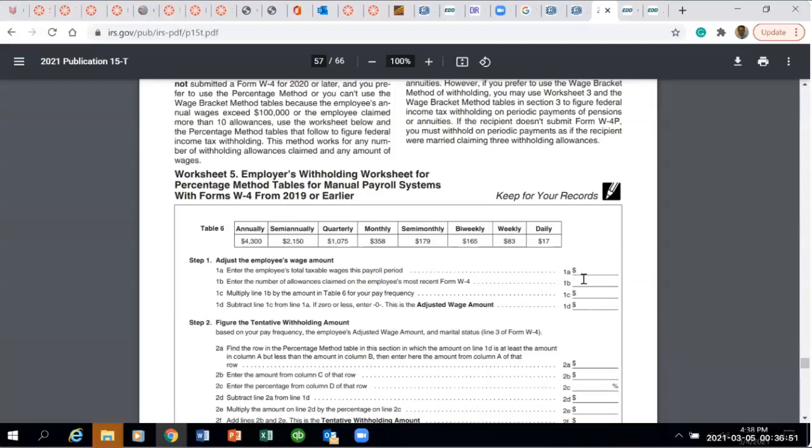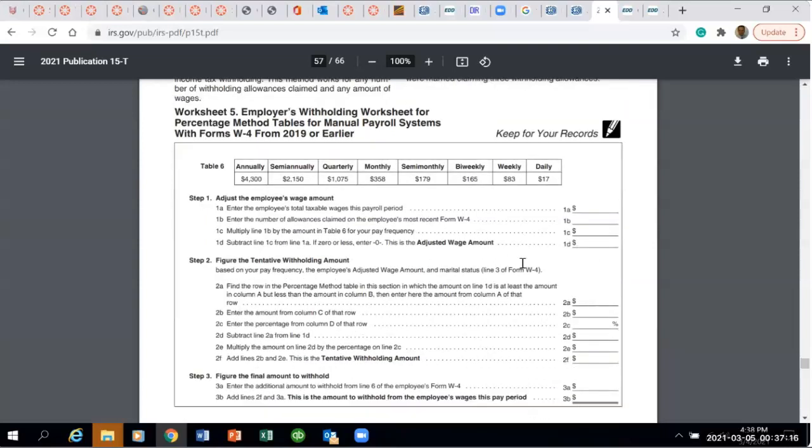But if your taxable wage is bigger than the allowances credit, then you will have an adjusted wage amount in 1D. So if you have a positive adjusted wage amount in 1D, you go ahead and continue to Step 2.